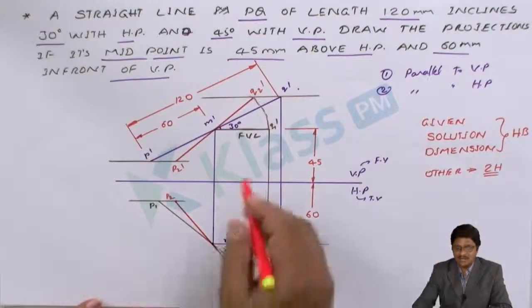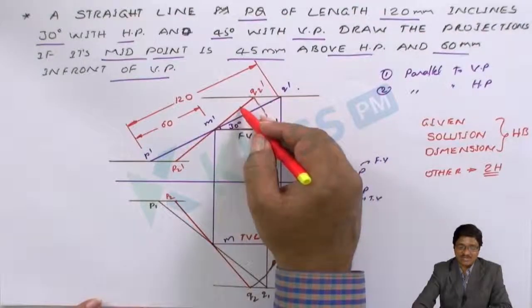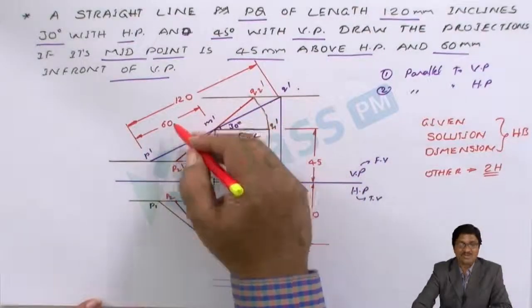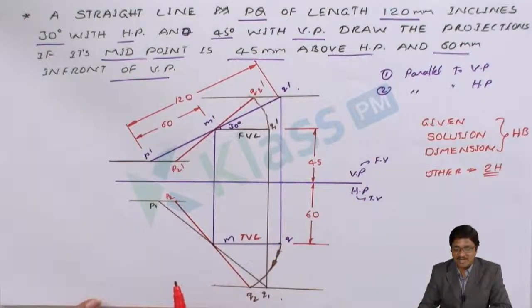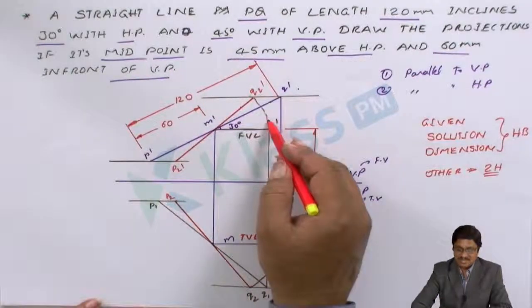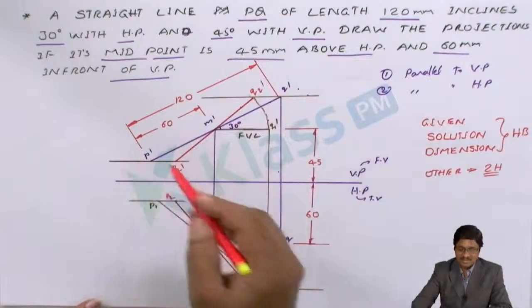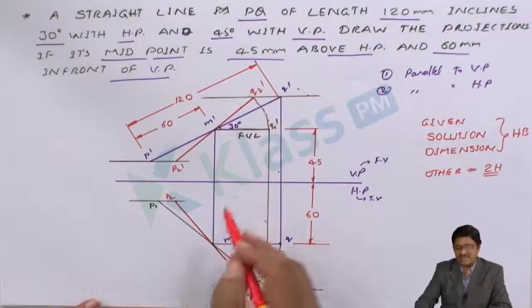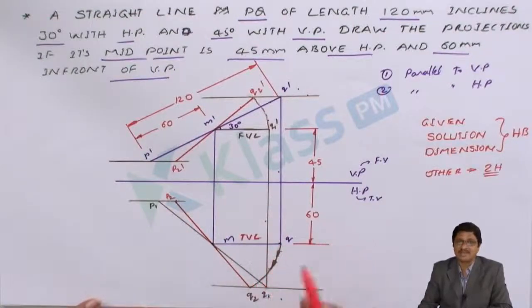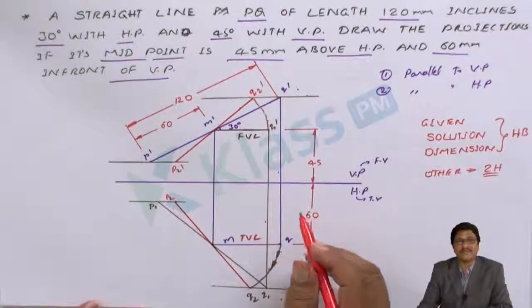In this case, this given line, the solution line, and the dimensioning should be drawn clearly with HB. The remaining lines, what are they here? These projector lines, these arcs, this locus end, and this projector line, every reference line other than the contributing ones, you have to draw very light.